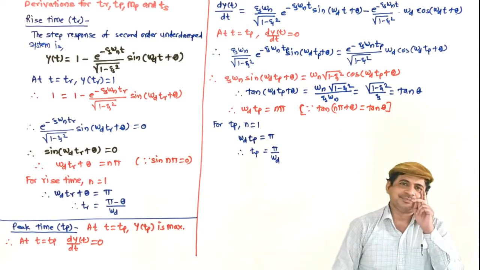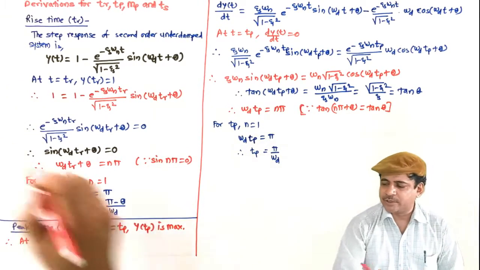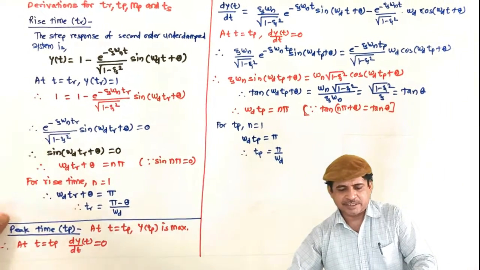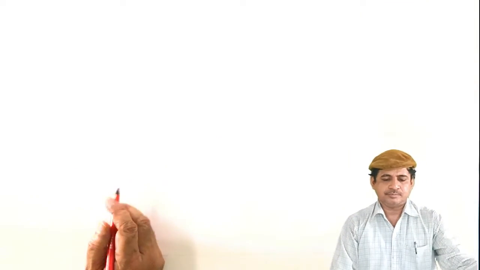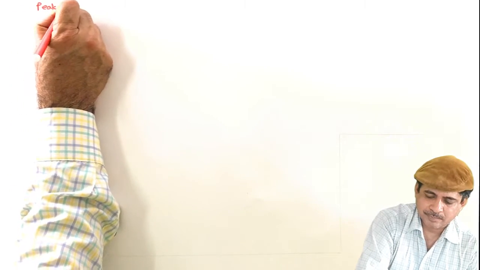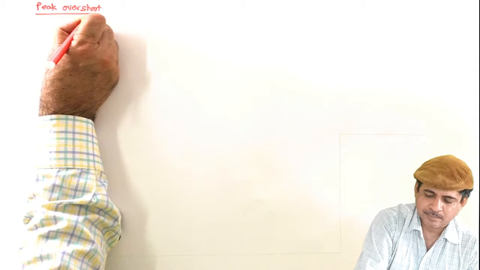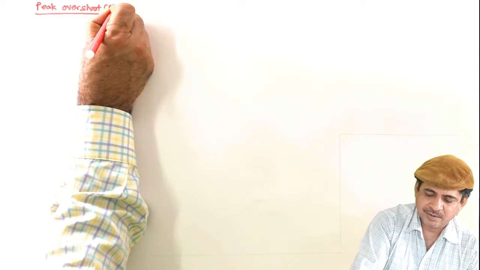Very simple. So far we have derived two expressions. Now let us move to the third one, and that is peak overshoot, MP.